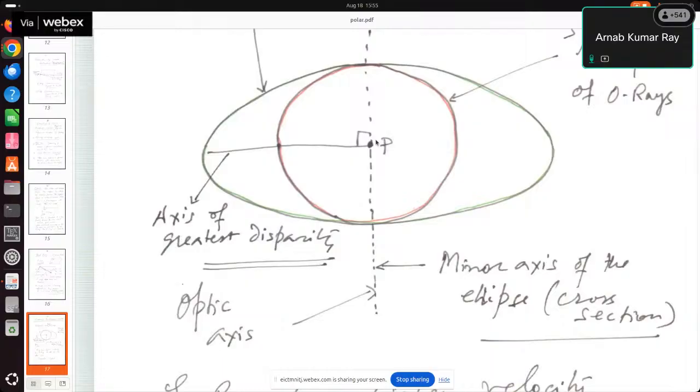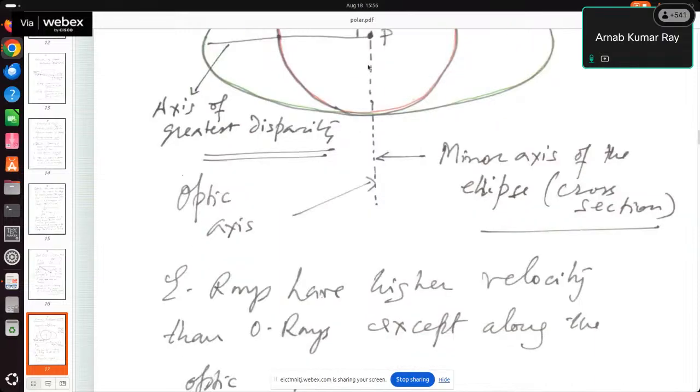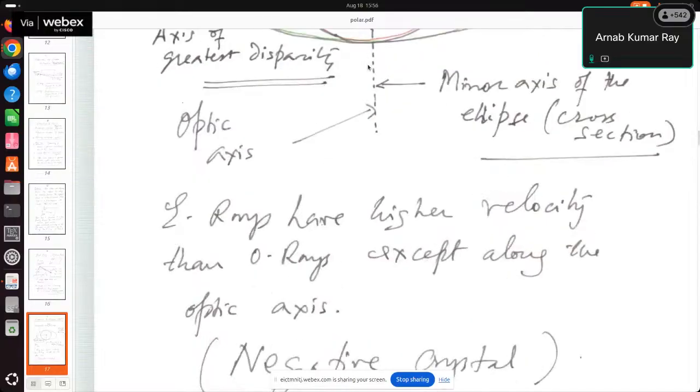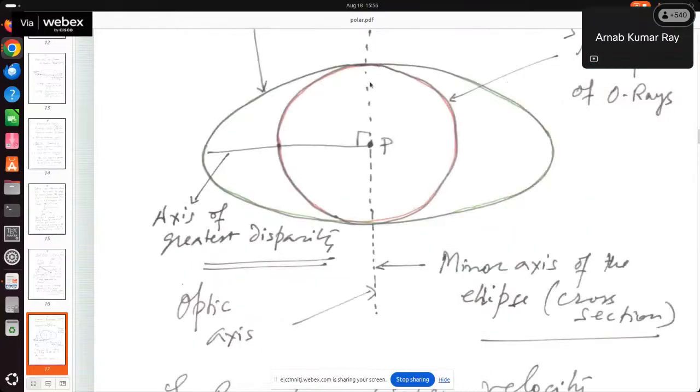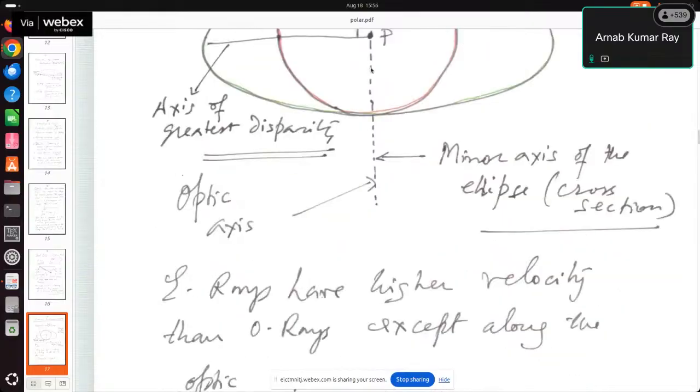So you can see the speeds are the same along the minor axis of this ellipse, but the speeds have the largest difference or greatest disparity along the major axis, and along other directions you will have intermediate differences, and then the difference will be zero along the minor axis. So extraordinary rays will have higher velocities than ordinary rays, except along the optic axis. This is the optic axis. So along the optic axis there will be symmetric behavior, so they will show the same kind of behavior.